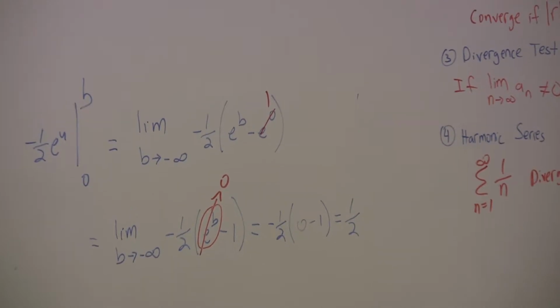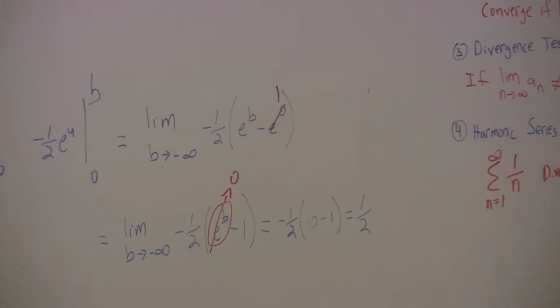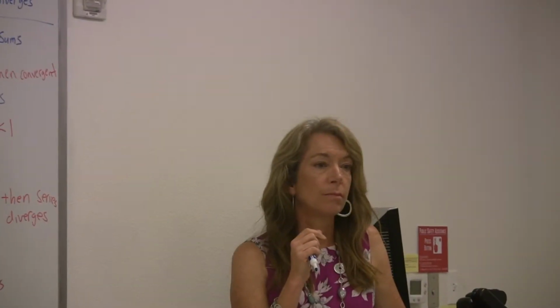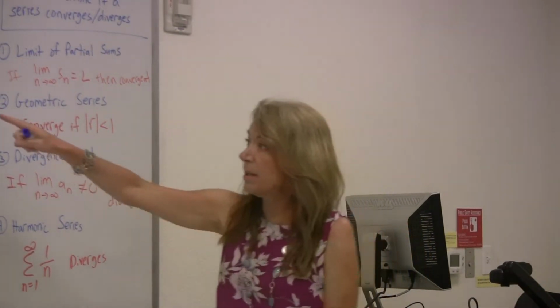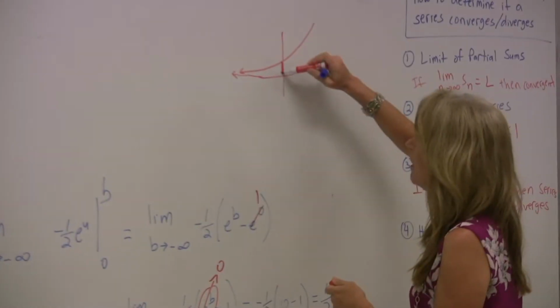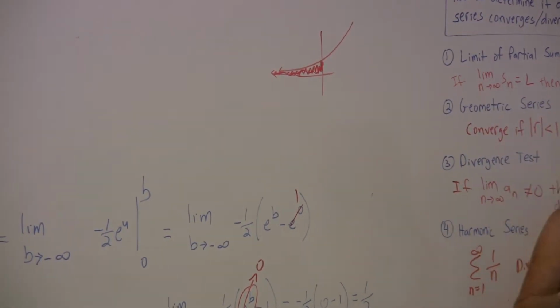What does that tell me? Convergence? It tells me it's convergent. It tells me that this area that I just drew, from 0 to negative infinity, equals 1/2.